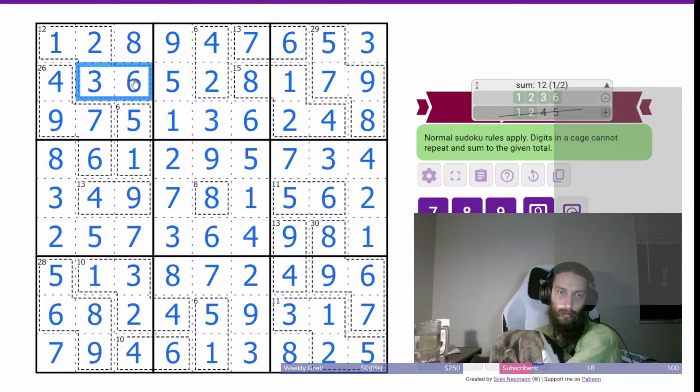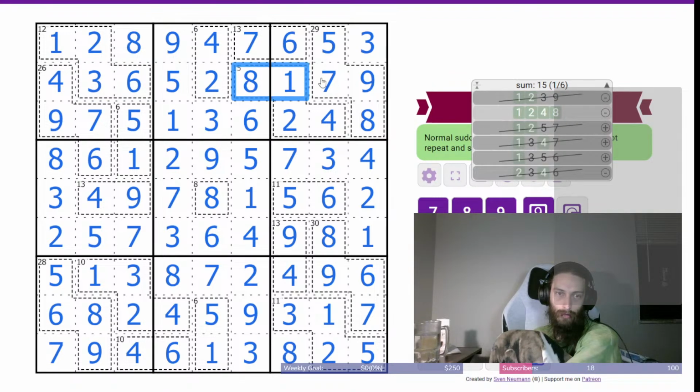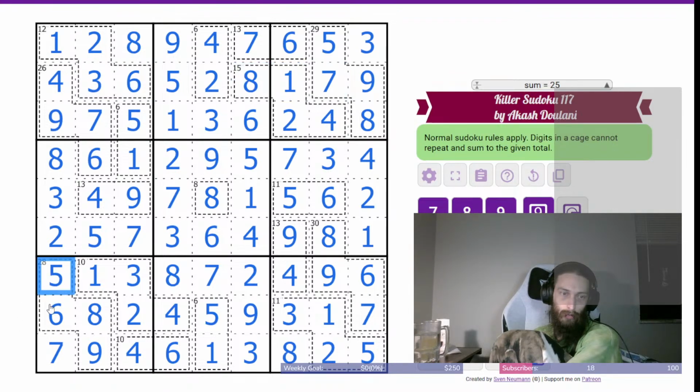So you had to have a 6 in one of those two, and that had implications over here. This could never be 4, 7 because of the sums out here. So that took a little bit of extra time to see.